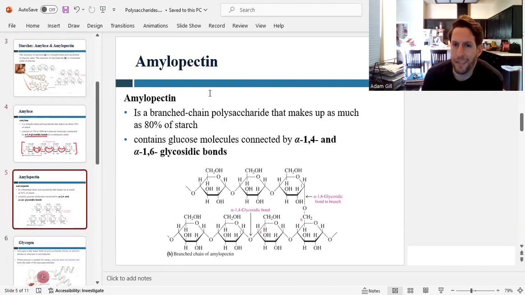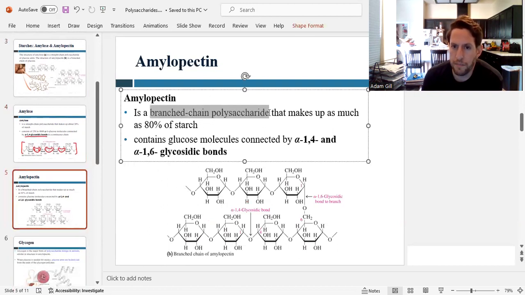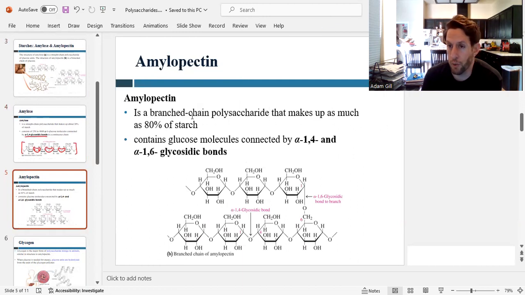Now, amylopectin is a branched chain polysaccharide, and it makes up the majority of starch, up to 80%. And it's considered a branched polysaccharide because it contains two different types of glycosidic bonds. It has both alpha 1,4, and every once in a while, about every 25 sugars, it will have a side chain.